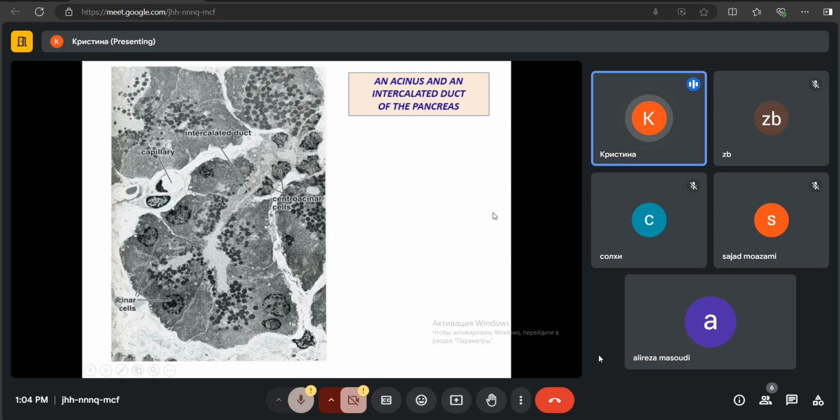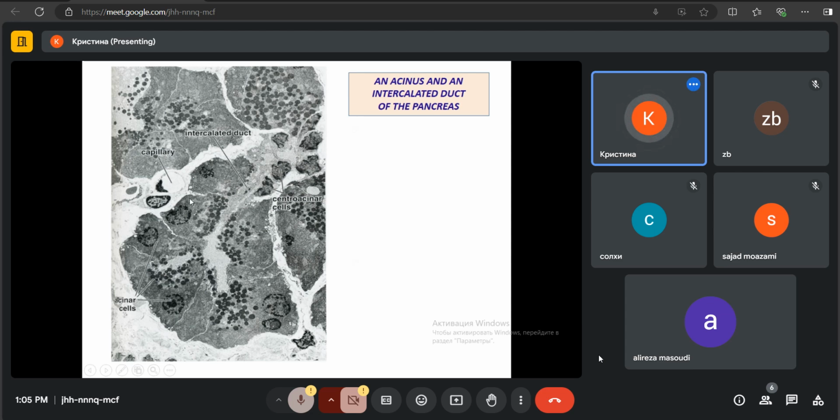In this picture, we see the electron microscopy picture of the acinus and the beginning of the intercalated duct of the pancreas. So this is the acinus. A white area shows the location of the loose connective tissue with blood capillary around the acinus. These are acinar cells or acinocytes.